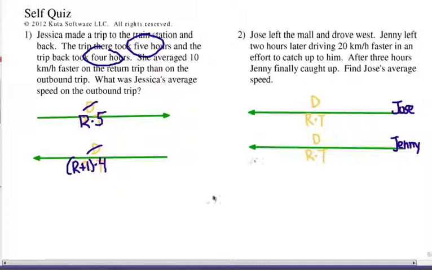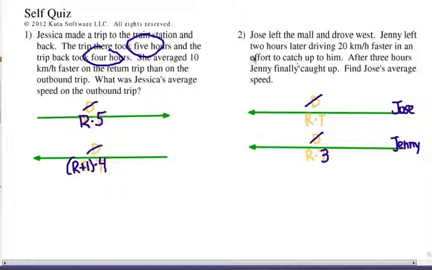Once again, do we know the actual distance traveled that Jose and Jenny went? We know they're the same as each other, but we don't know how many kilometers that was, so we'll ignore the D part. Now for Jose. Jenny caught up after 3 hours, so we know that her time is 3. That's how long she traveled.